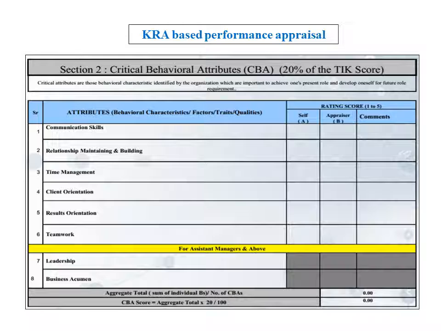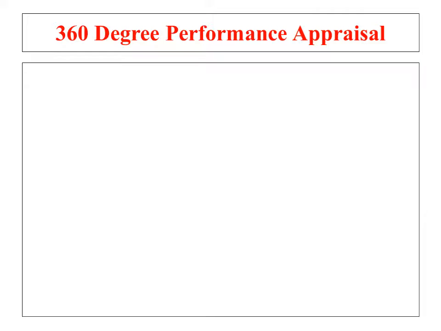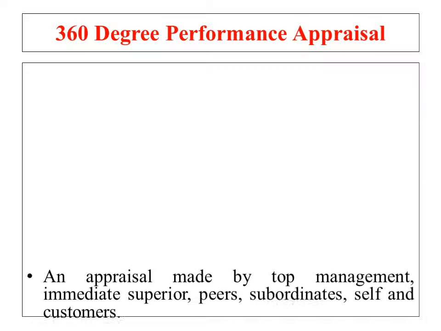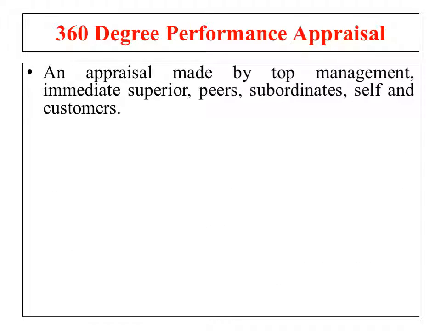It consists of self appraisal, peer appraisal, or it may consist of superior appraisal. Then there is the 360-degree performance appraisal. This is an appraisal made by the top management, immediate superiors, peers, subordinates, self, and the customers.